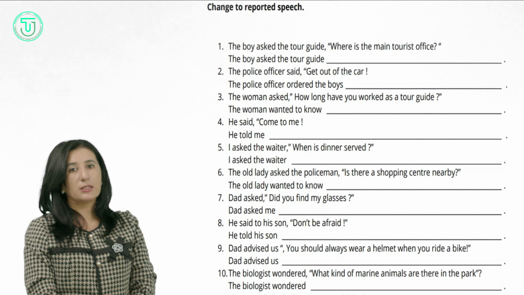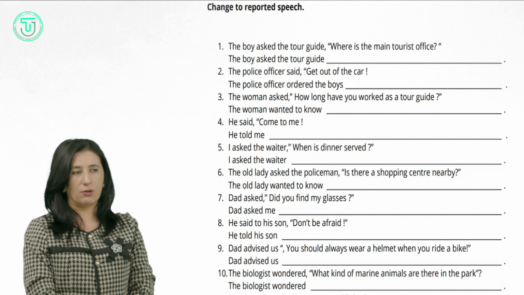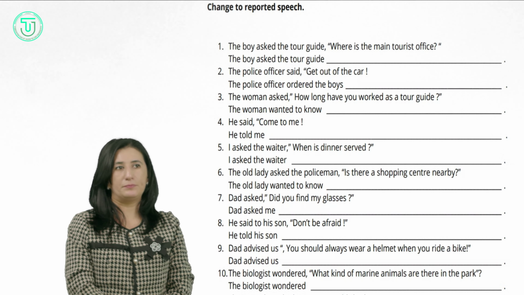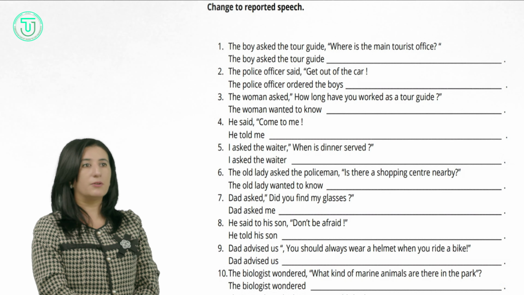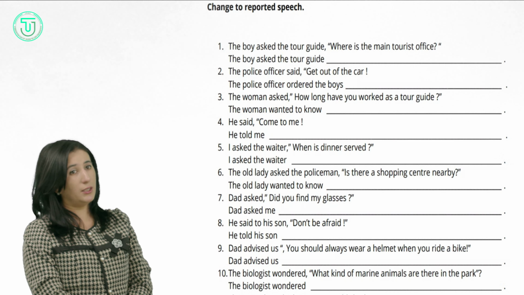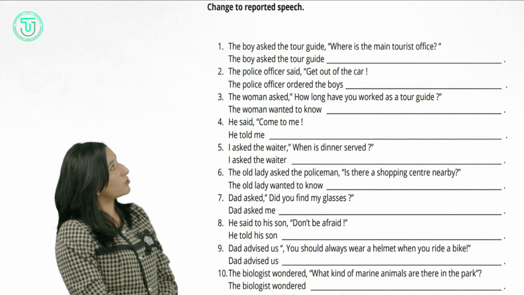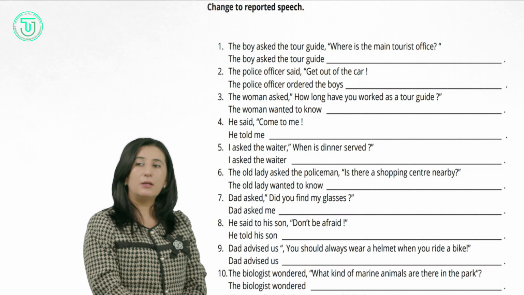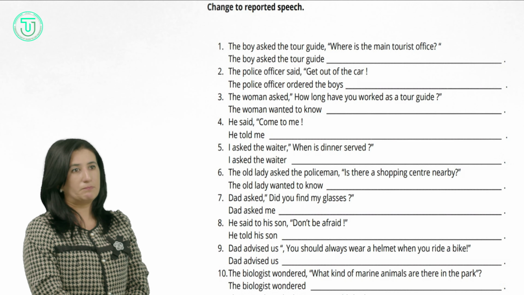And pay attention, it is a special question, not a general one. You will transfer it with the word where. For example, the boy asked the tour guide where the main tourist office was.